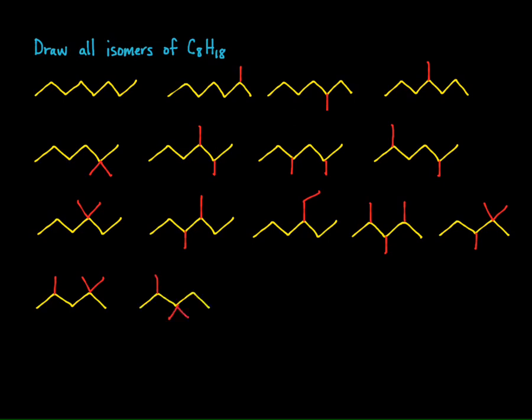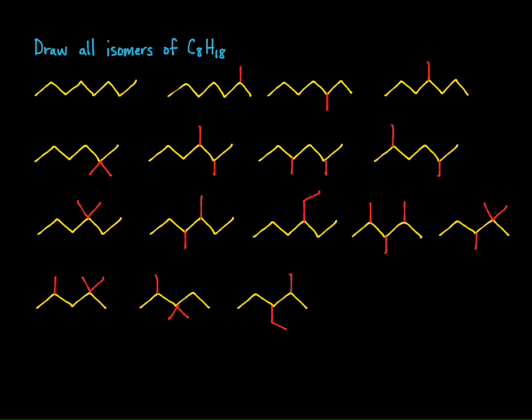And lastly, I can have the 2 methyl groups on the third carbon and the third methyl group on the, you might think fourth, but it actually becomes second, so they're symmetrical there, and so I get 2,3,3-trimethylpentane.